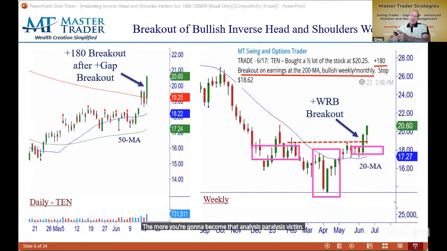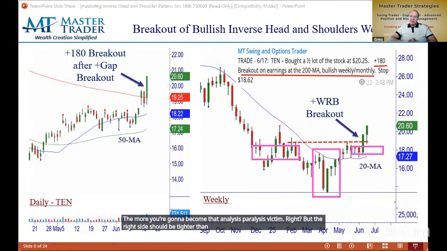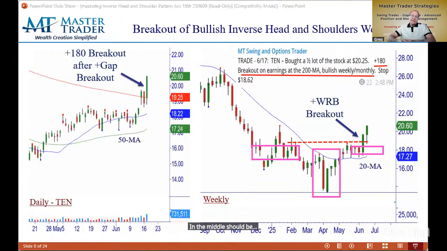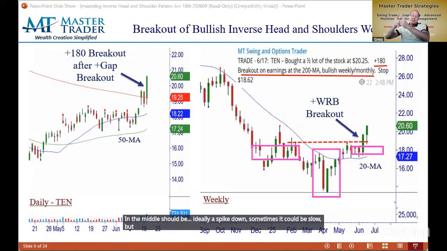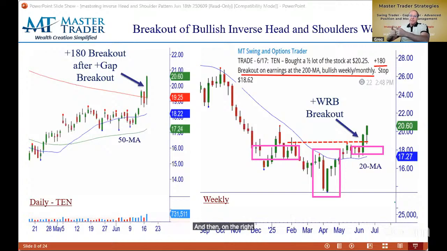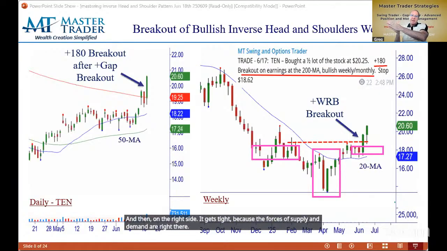But the right side should be tighter than the left side, and the middle should ideally be a spike down. Sometimes it could be slow, but ideally it comes up from the head with some speed, because speed is power. And then on the right side, it gets tight because the forces of supply and demand are pounding each other.